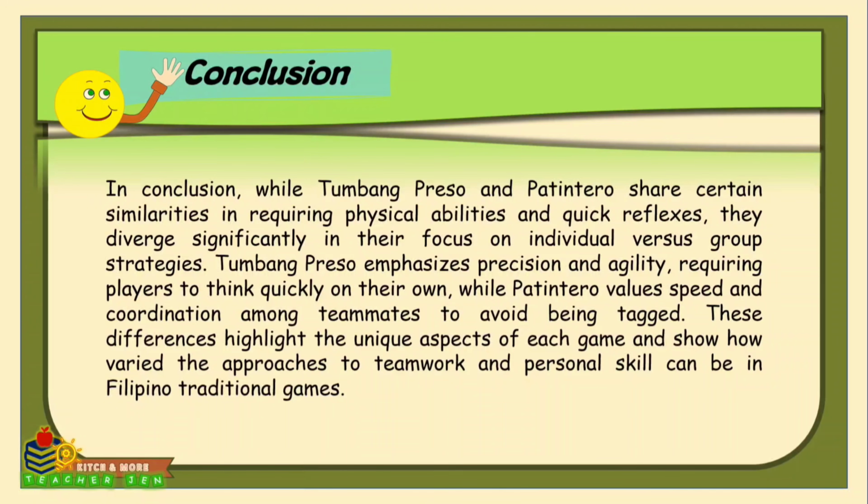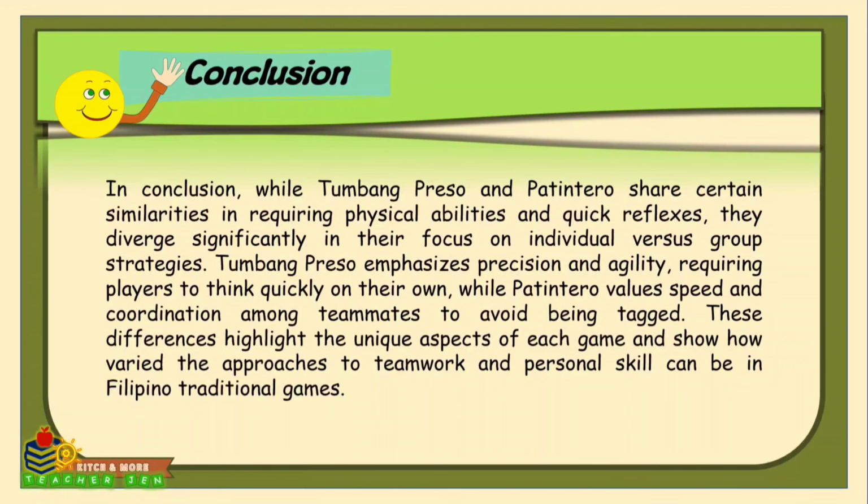Tumbang Preso emphasizes precision and agility, requiring players to think quickly on their own, while Patintero values speed and coordination among teammates to avoid being tagged. These differences highlight the unique aspects of each game and show how varied the approaches to teamwork and personal skill can be in Filipino traditional games.